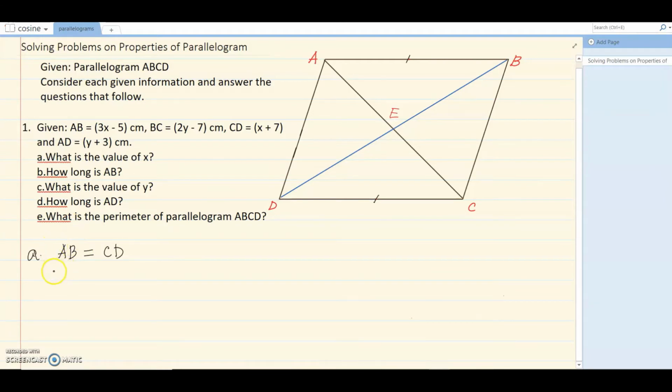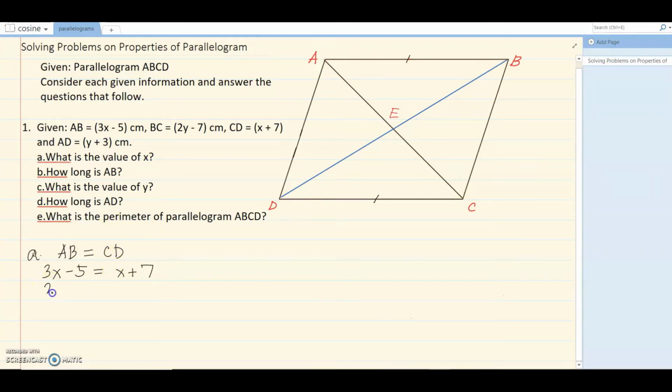So, we have AB, which is 3x minus 5, equals CD, which is x plus 7. So, algebra lang yung gagamitin natin dyan. So, we're going to transpose x to the left side.